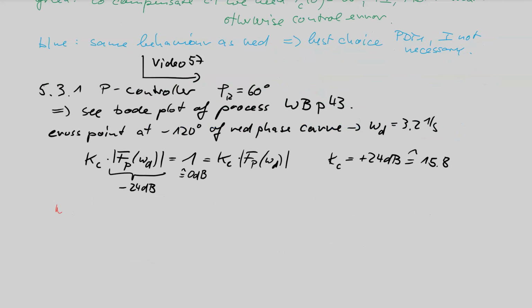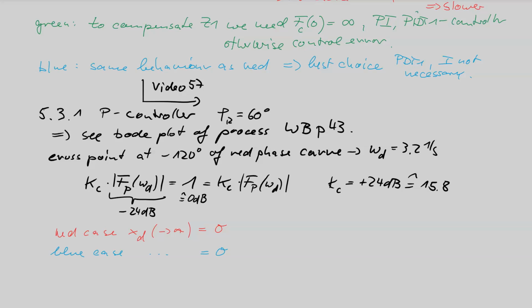Red case control error, red case xd for infinite times, final value of xd is 0. Blue case is 0, but green case is not 0.